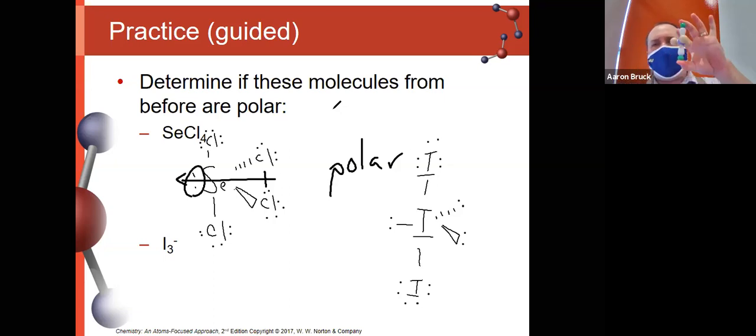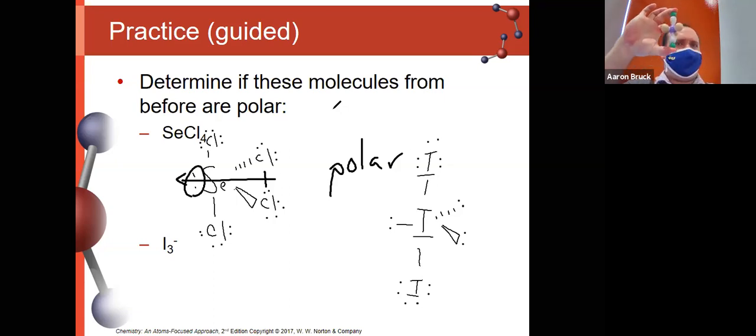Do we have symmetry in terms of the bonds that are present? Yeah. Both of the bonds here are iodine to iodine single bonds. We're good. Do we have molecular symmetry from a shape perspective? Again, with trigonal bipyramidal, it's a little bit different because we've got to evaluate equatorial versus axial.